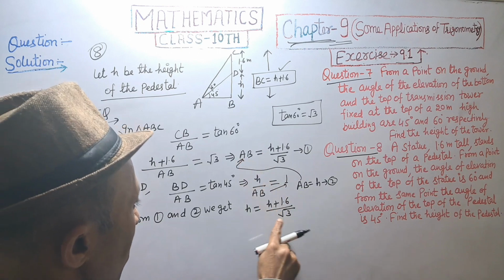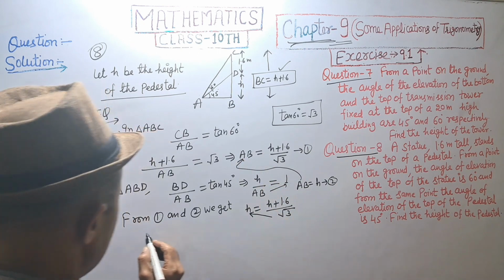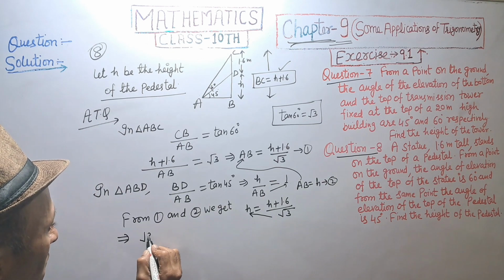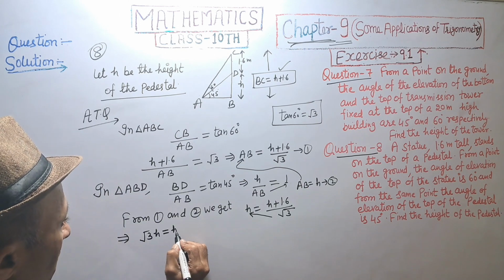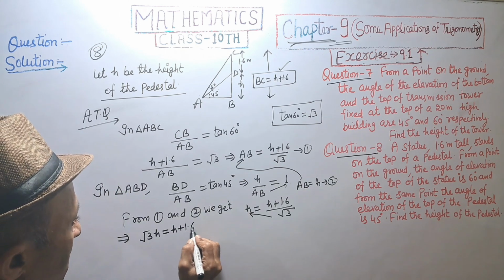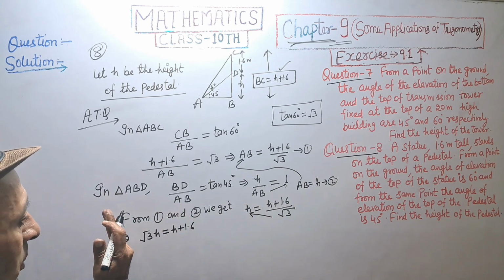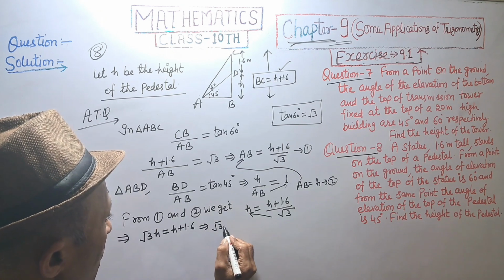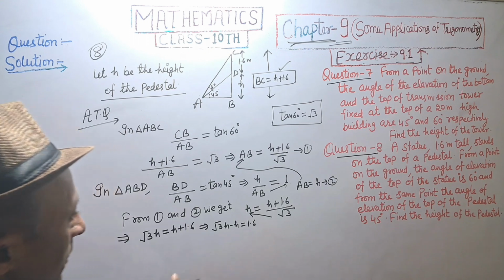Root 3 multiplying by h on the left side. This implies root 3h is equal to h plus 1.6, and we are shifting h to the left side. Root 3h minus h is equal to 1.6.